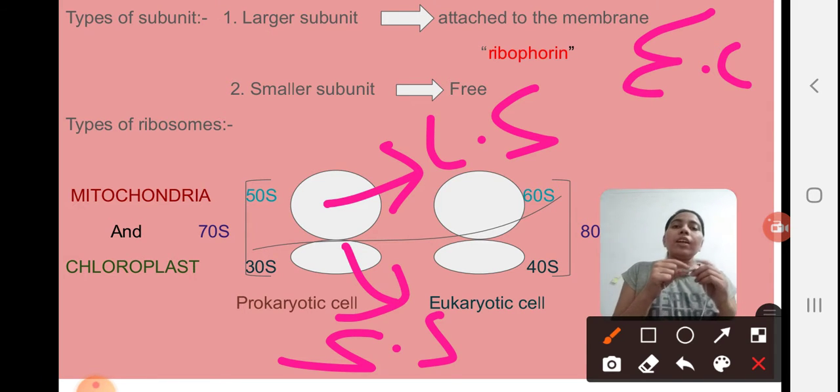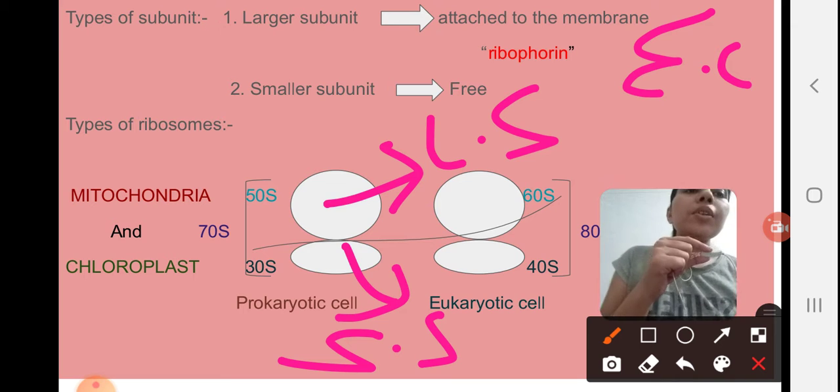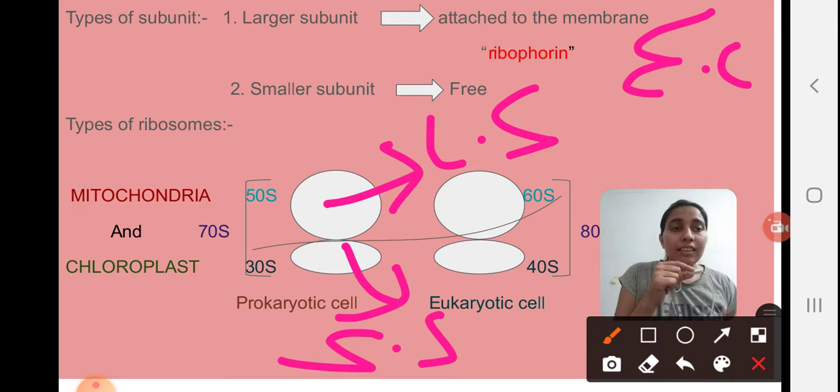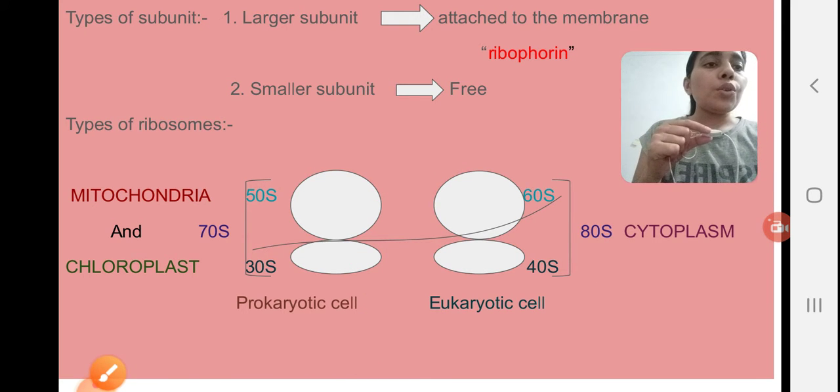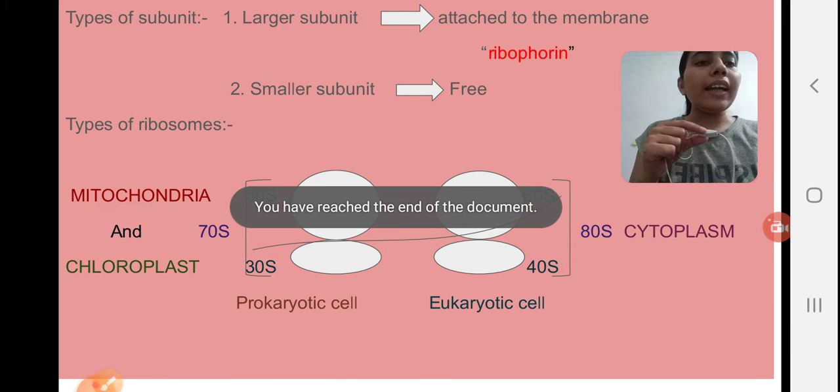Now next, the types of ribosome we are going to discuss, on the basis of sedimentation coefficient. Here we have taken 70S and 80S.